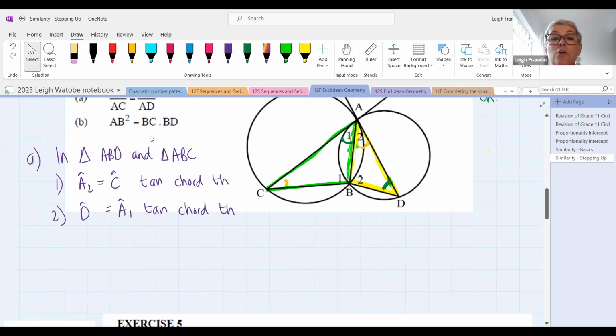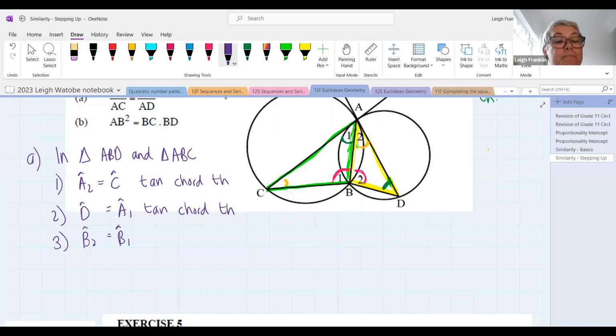Now I need to conclude about the remaining angles. So if I go back and I have a look, I can see that angle B1 and angle B2 would be the remaining angles in each triangle. So now I can state there in triangle ABD, it's B2. And in triangle ABC, it's B1.